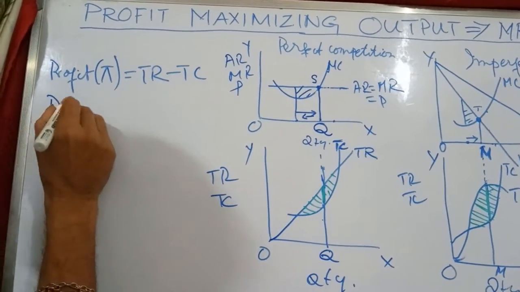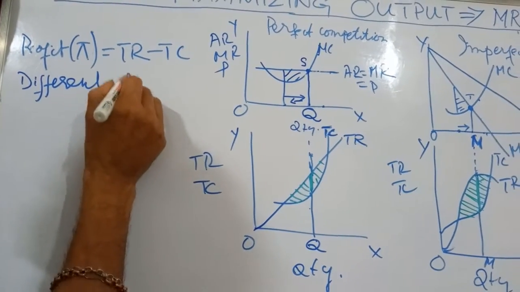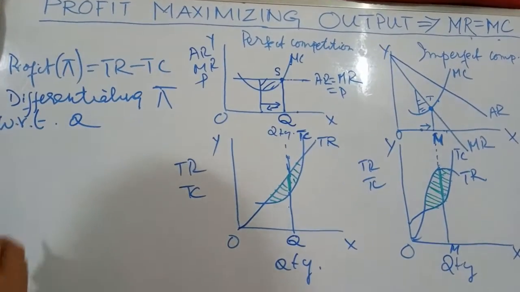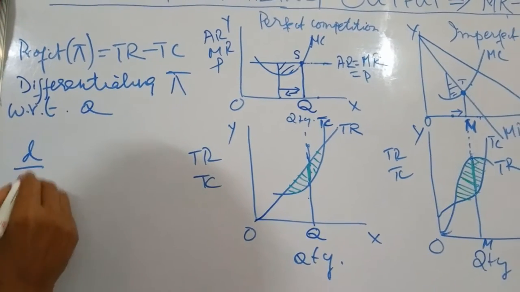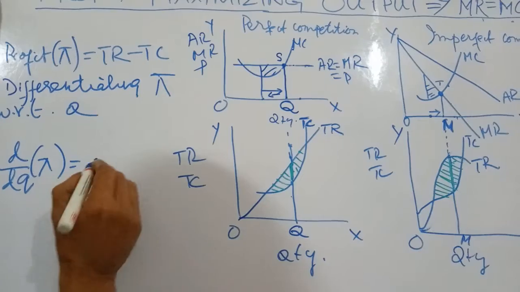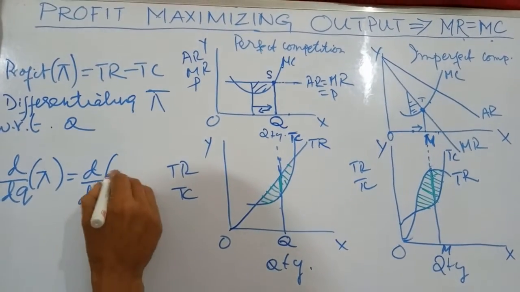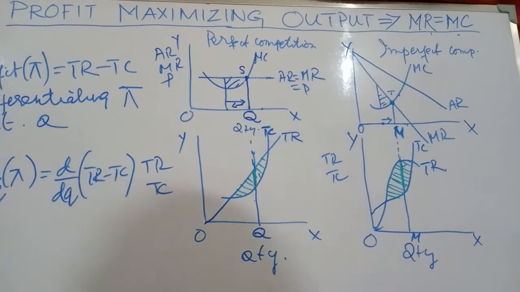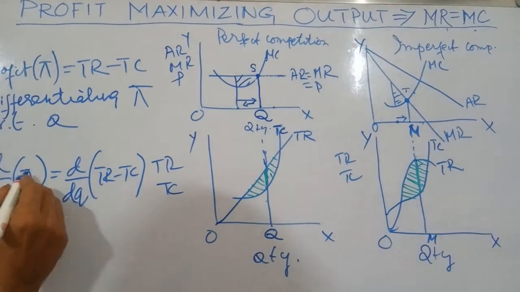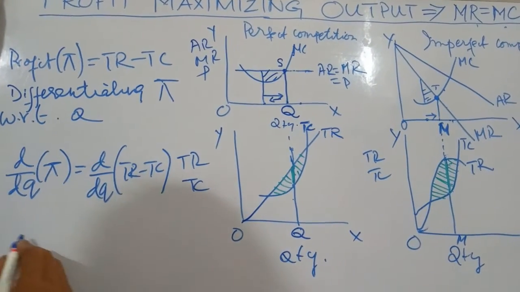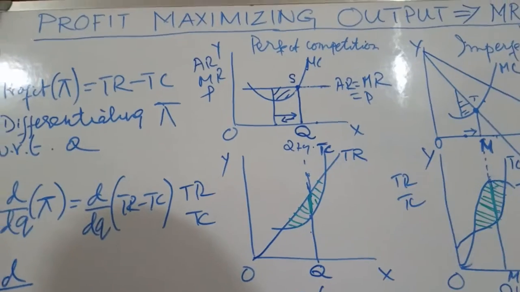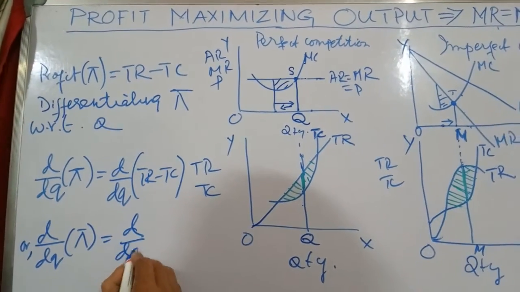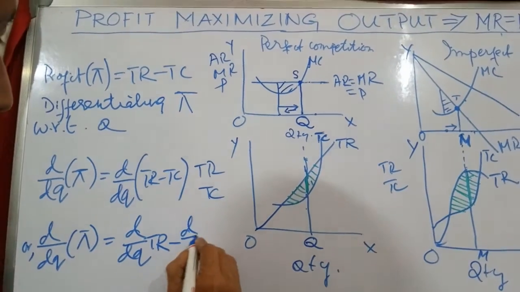So differentiating pi with respect to Q, what do you get? dπ/dQ is equal to d/dQ of (TR minus TC), correct? Or dπ/dQ equals d/dQ TR minus d/dQ TC.